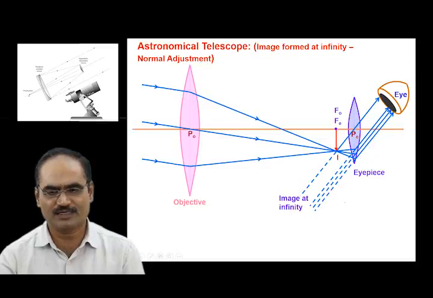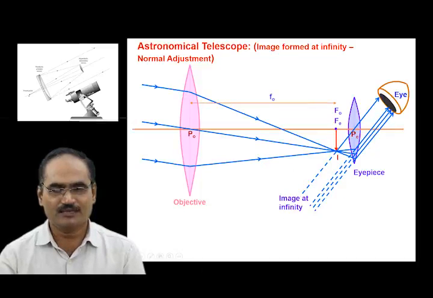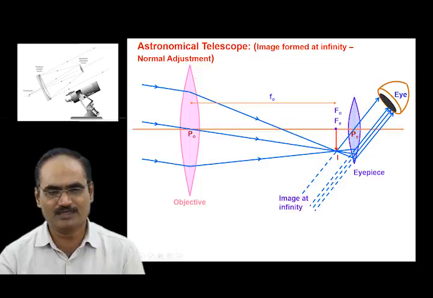And you can note that F naught is the distance between the principal focus of the objective and the objective, and this small fe is the focal length of the eyepiece, that is, the distance between Fe and Pe.